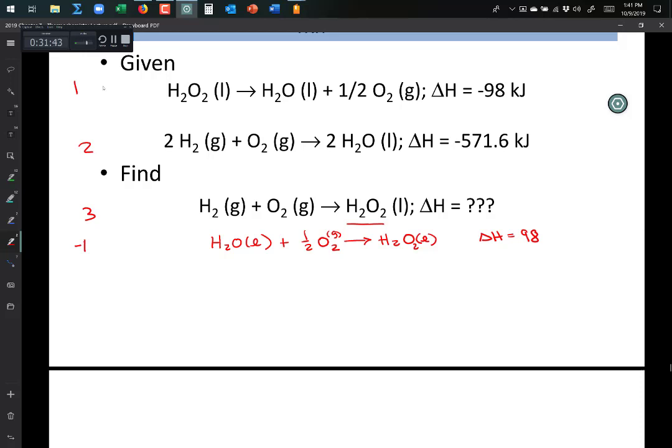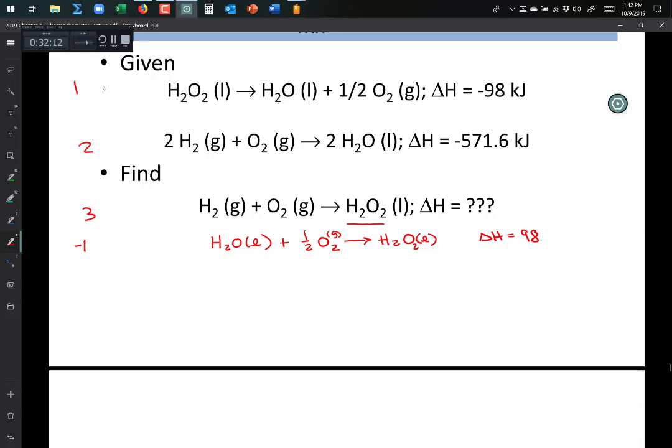Now, I have H2 and O2. In equation 2, I have H2 and O2, and they make water. Now, where do those have to go in equation 3? They're still on the left, right? Now, what would happen if I just took equation 2 and added it to equation -1, the last equation?